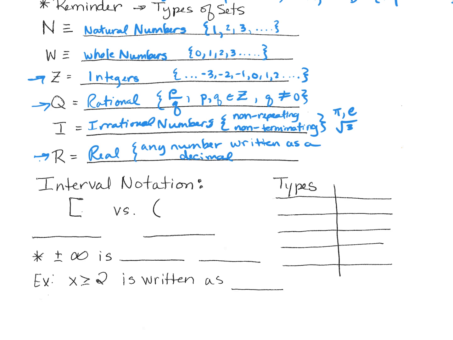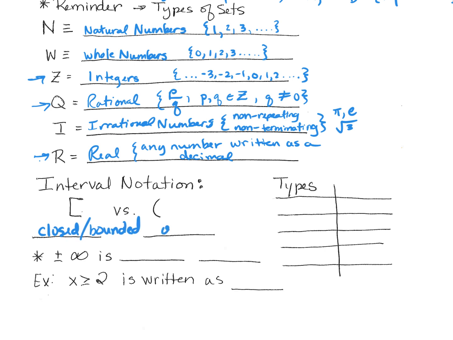All right, interval notation. You should remember this. I know you had this in Algebra 2, okay? Bracket versus parentheses. When you talk about interval notation, bracket means it is closed, otherwise known as bounded.